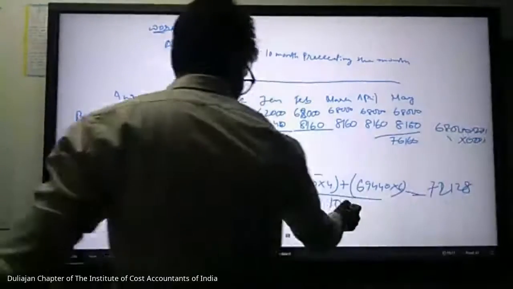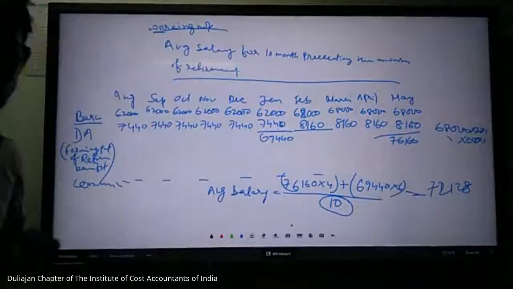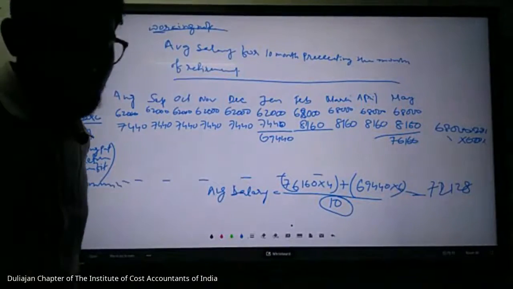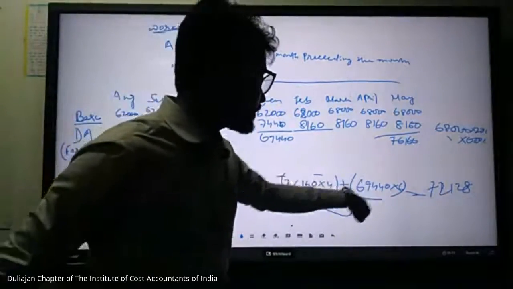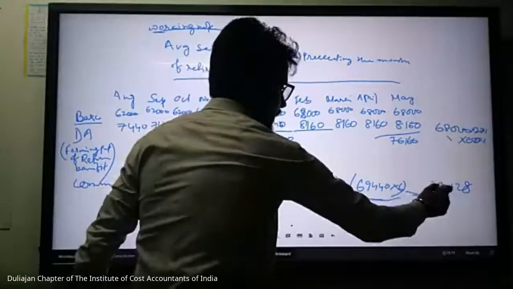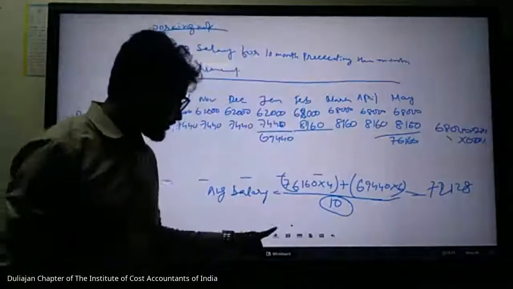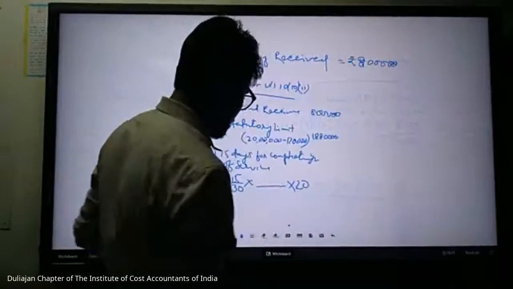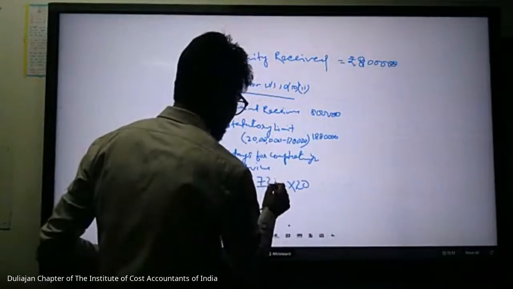No, divide by 10. Because we'll calculate average salary for 10 months. This is salary for 10 months, so we'll divide this by 10. So we'll get average salary per month. Okay, sir. So we'll put 72,128. No?